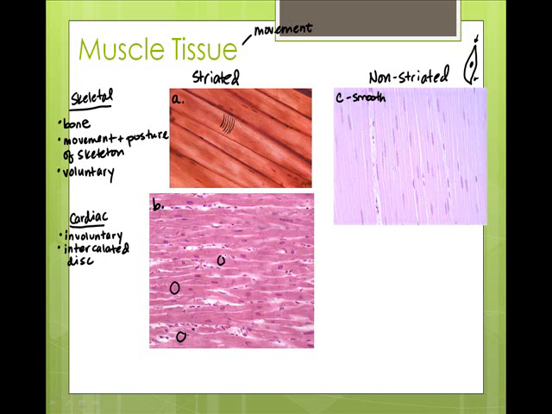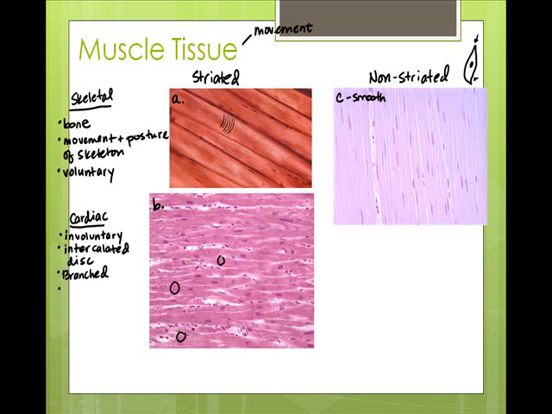I think one thing that's striking about the cardiac muscle slide is that it doesn't seem to be as neat and orderly as the skeletal muscle in picture A. And that's because the cardiac muscle is branched. The cells actually divide into different branches.